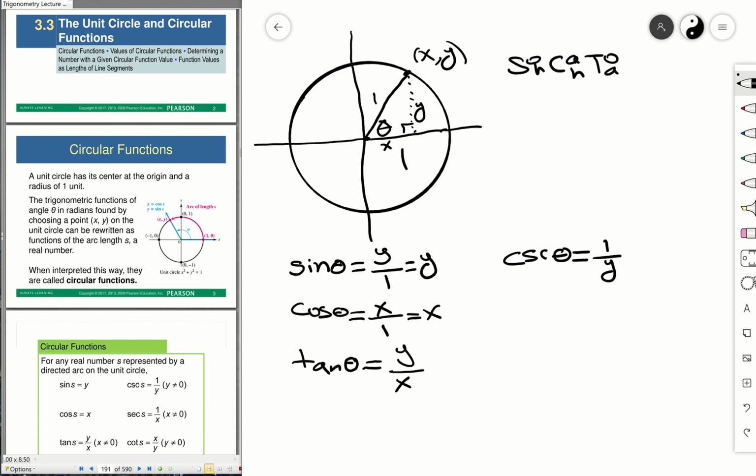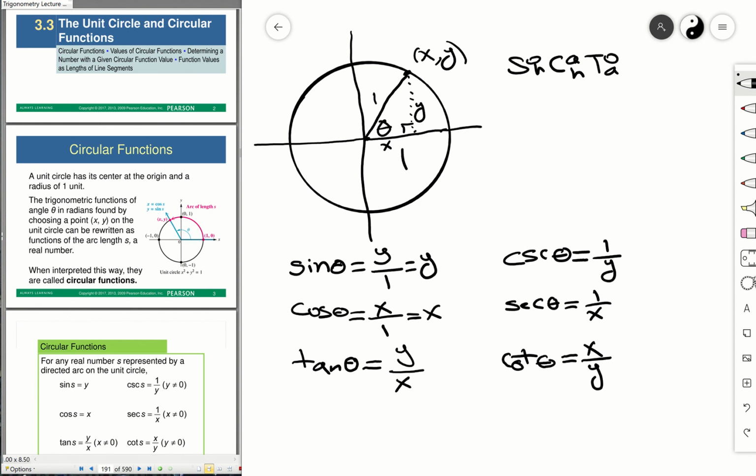And then when we look at the secant of theta, we get the reciprocal of the cosine function, which is 1 over x. And cotangent of theta is going to be the reciprocal of the tangent function, so it's going to be x over y.